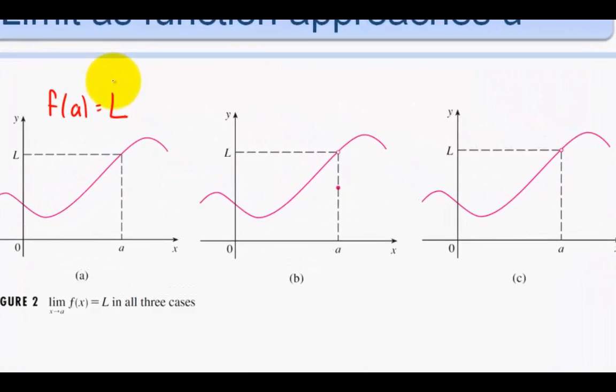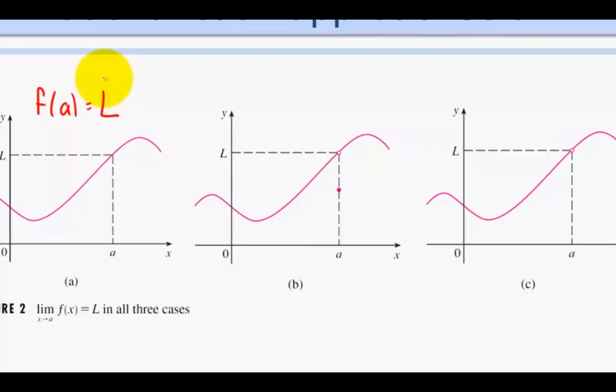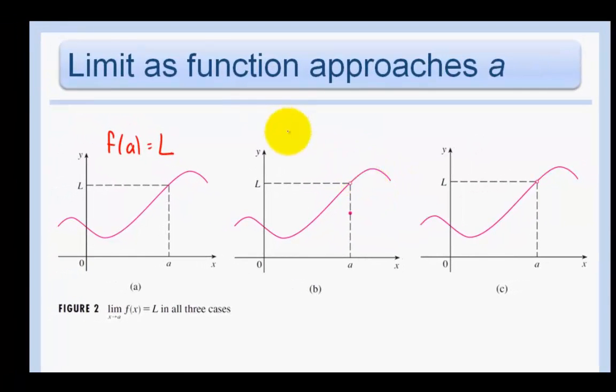In figure B, we see again that from both the left and the right side, we're getting close to the value L. However, what is f of a in this case? It's some other value, let's call it K here.